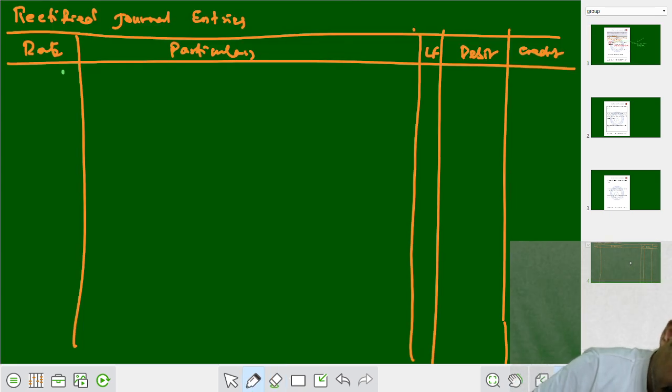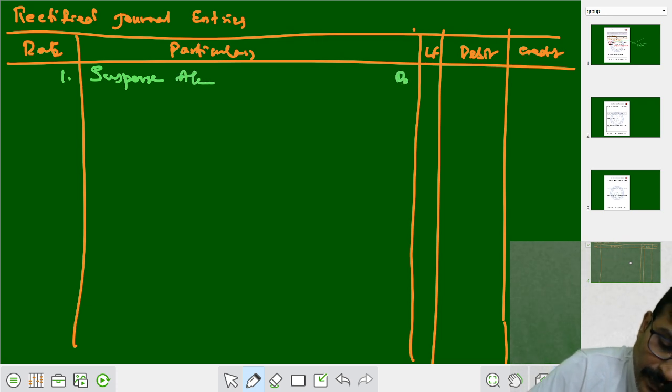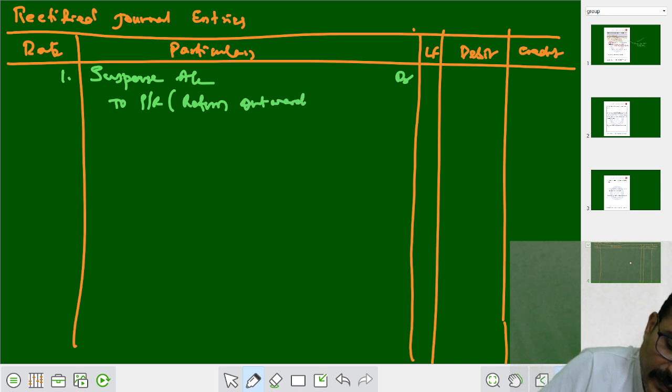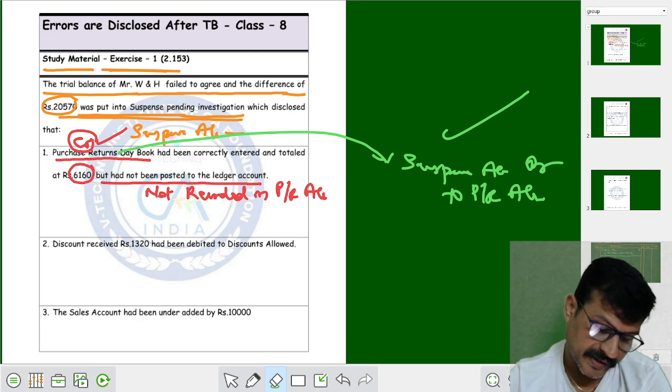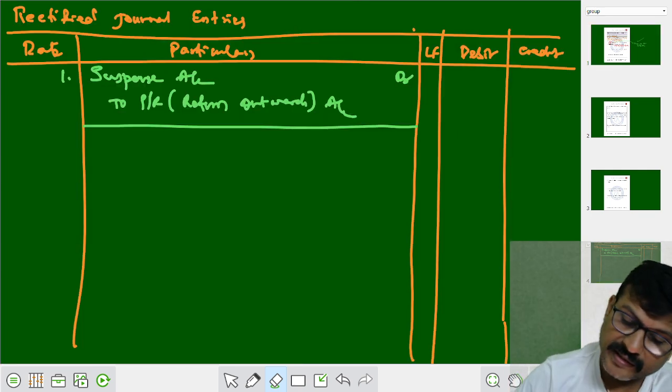Now the entry is suspense account debit to purchase returns. What is the other name of purchase returns? It is nothing but return outwards account. How much amount, my dear student? It is an amount of rupees 6,160.